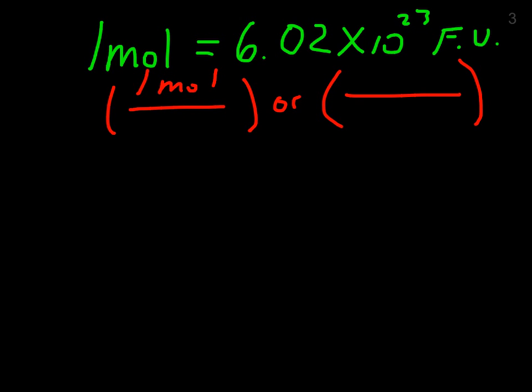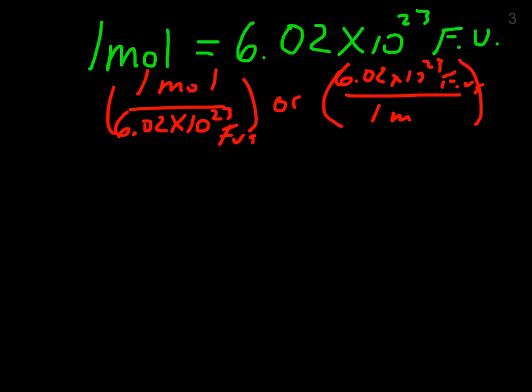1 mole over 6.02 times 10 to the 23rd FUs. This will be 6.02 times 10 to the 23rd FUs per mole. And since I was given 2.5 moles to start out, the conversion factor that I want to use is going to be the one that's going to allow me to cancel out the moles. Well, if I look at it, it's going to be this one right there.